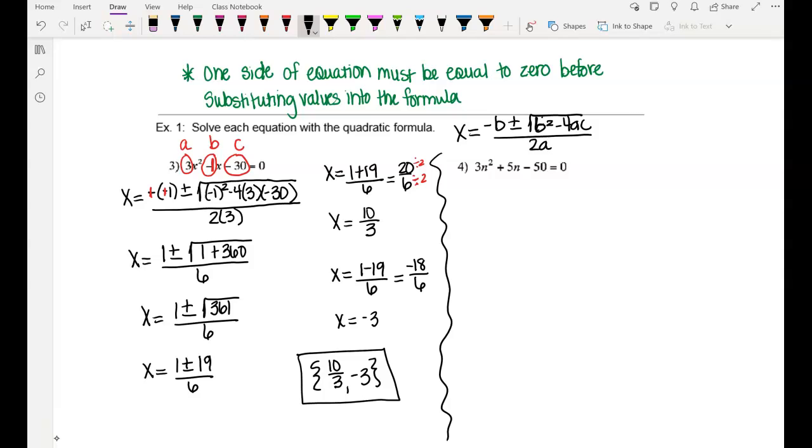Number 4, 3n squared plus 5n minus 50 equals 0. Again, we've already got it set equal to 0, so I don't have to do anything there. A is 3, B is positive 5, C is negative 50.